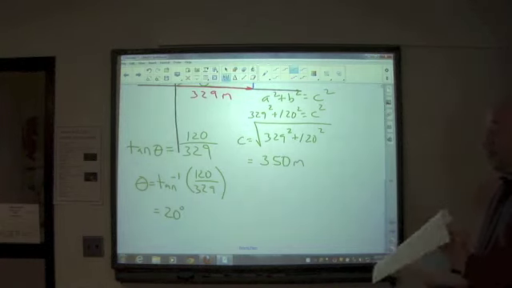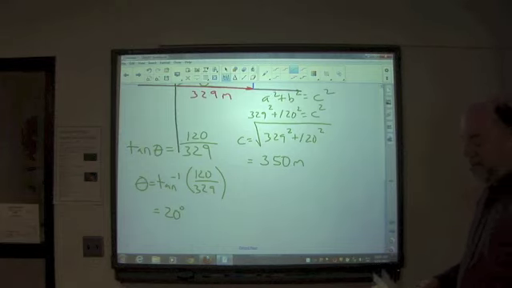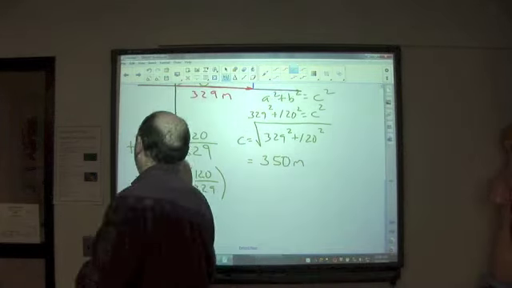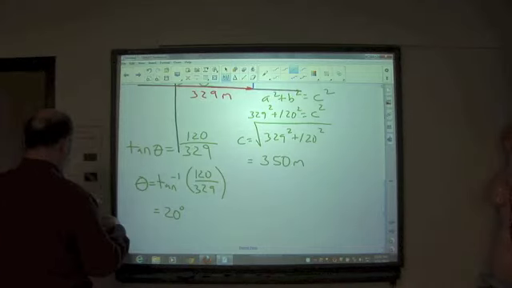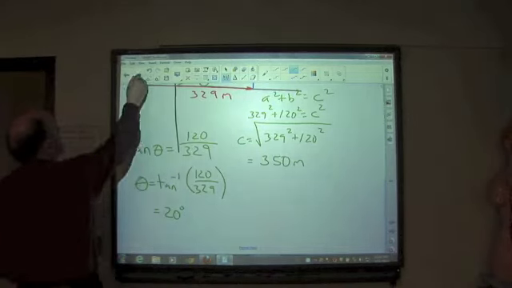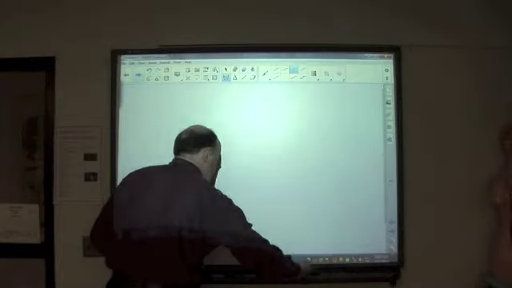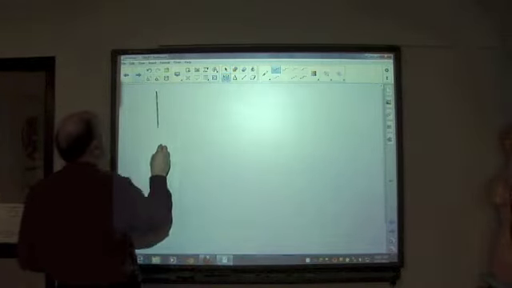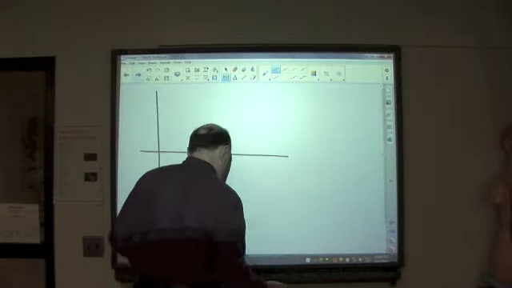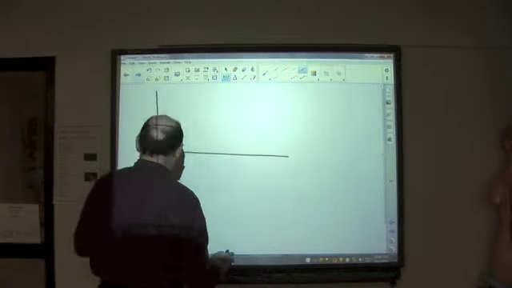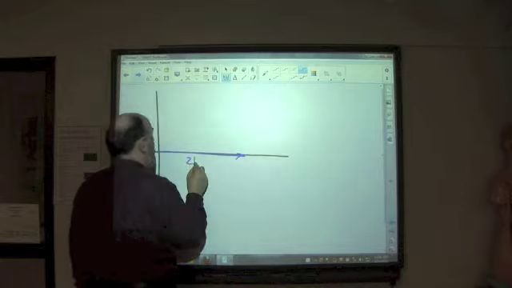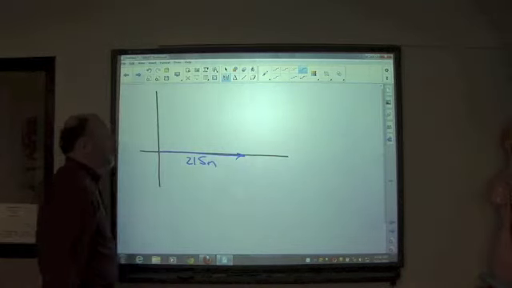Okay. So, in terms of other problems dealing with this stuff, we can look at one like this. So again, let's set our system. And so we first take off and go 215 meters in this direction.